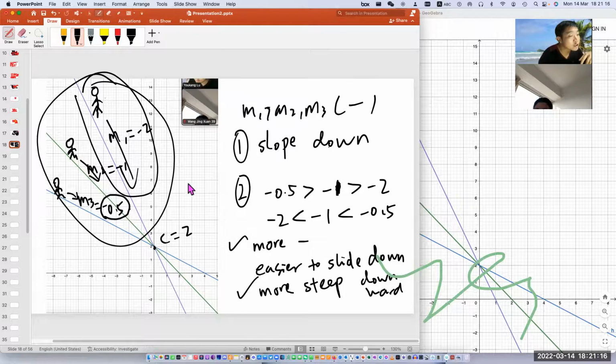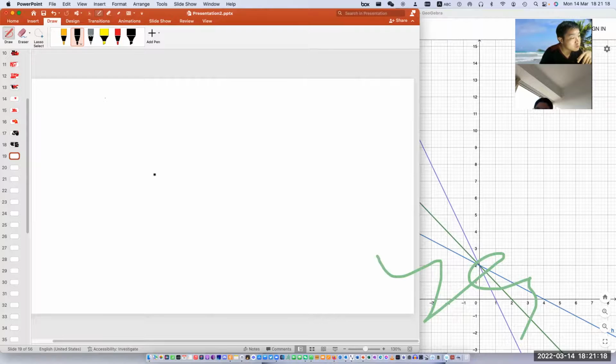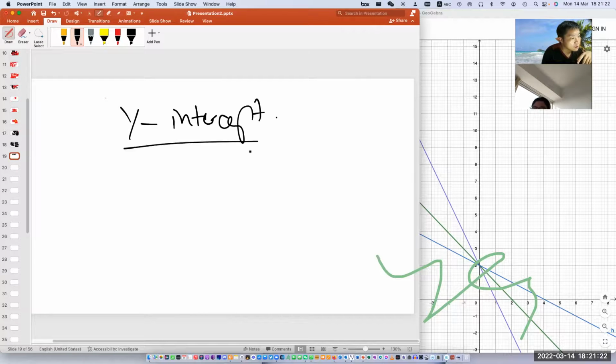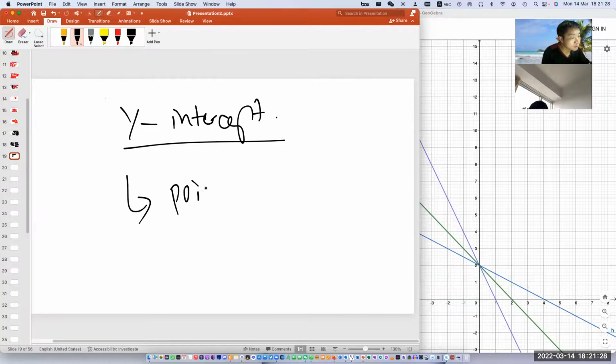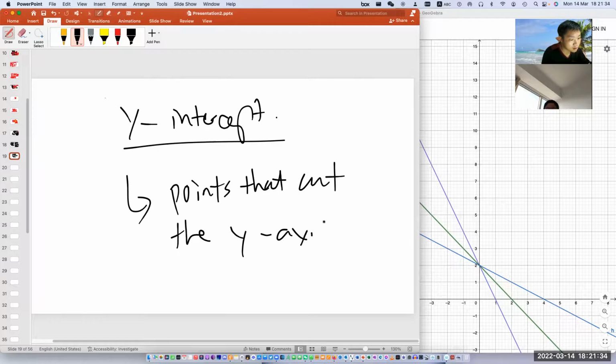Okay, actually the y-intercept is very easy to grasp. For y-intercept, right? What's the impact? Okay, y-intercept, if you know the definition, points that cut the y-axis.